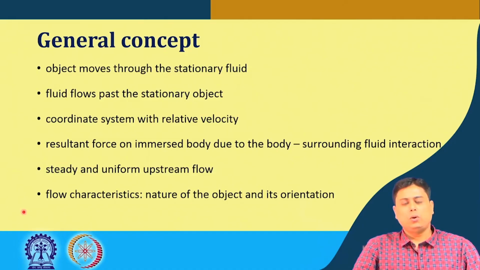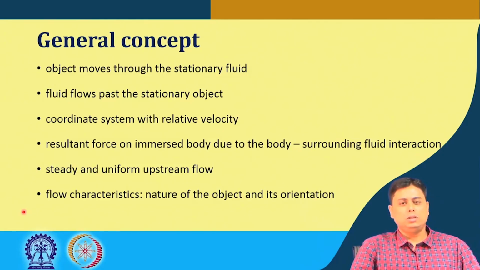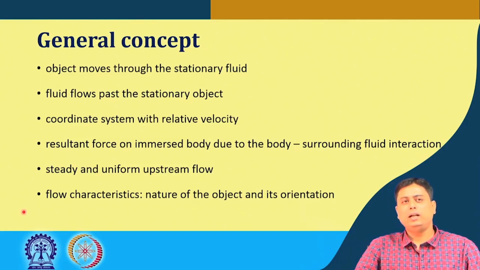Basically, we can determine a coordinate system by defining relative velocity, so that both these systems reduce to the problem of flow past an object. Here there is a resultant force on an immersed body due to the interaction between the object and the surrounding fluid.